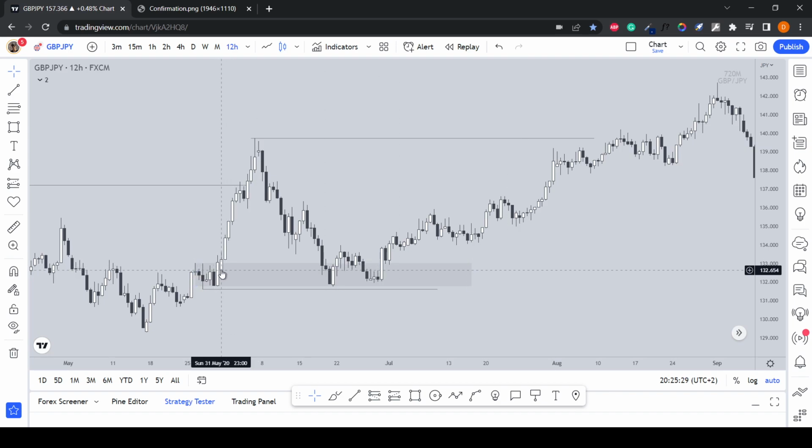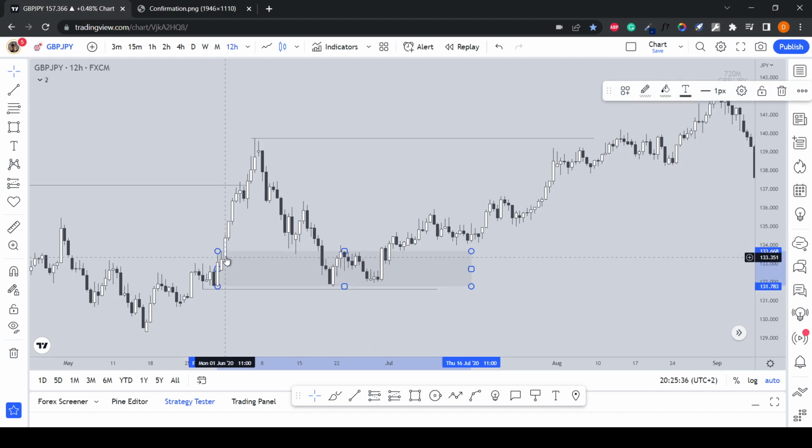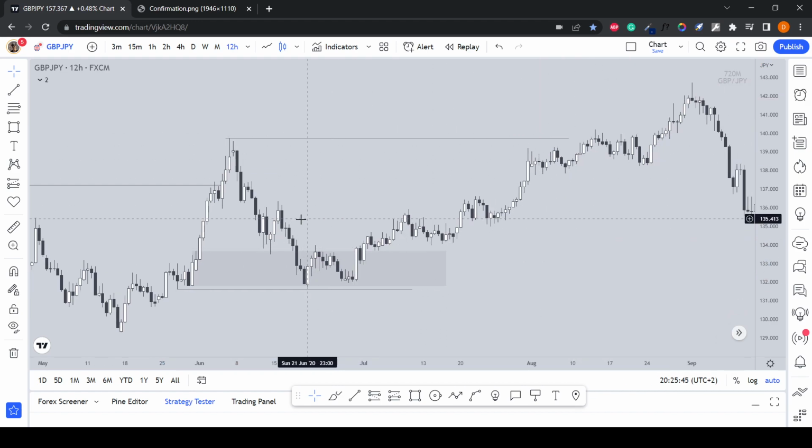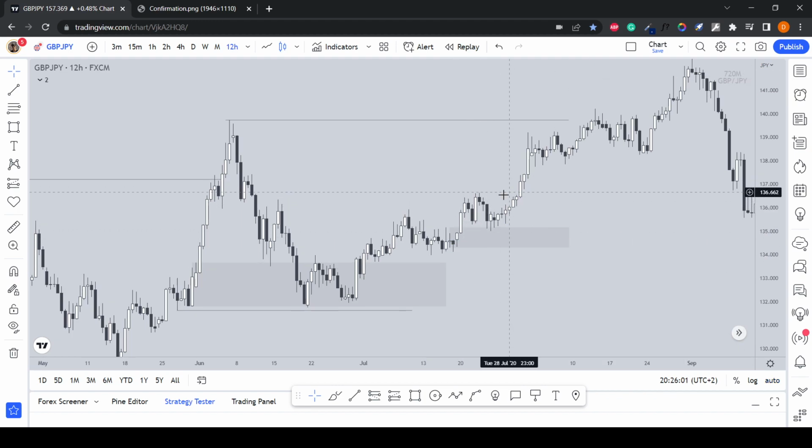This portion was mitigated, so we can use these candles as the unmitigated portion of the move, and it was mitigated in the end and created a new higher high. Important to understand, this is the zone, the higher zone, the true zone, and all of these zones are fake zones.